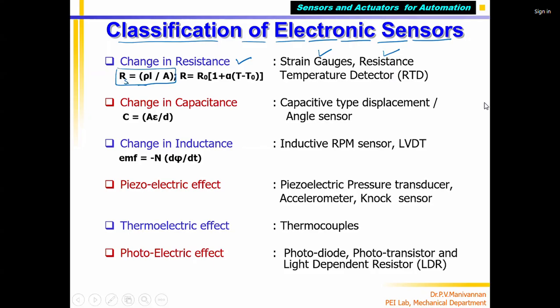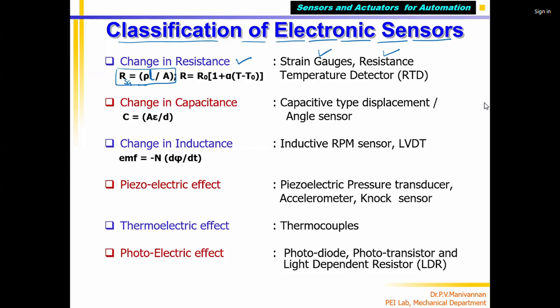If you take a strain gauge, the resistance of the strain gauge changes based on this formula, where the resistance of the strain gauge, R_SG, is nothing but rho into L, this is a small L, not I, length, by A, where rho is called the resistivity of the material of which the strain gauge is made.